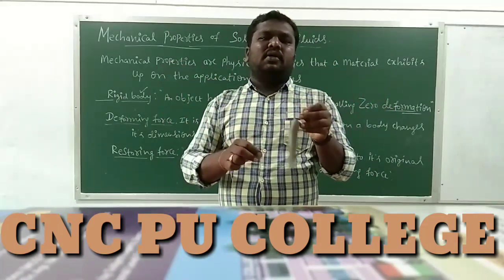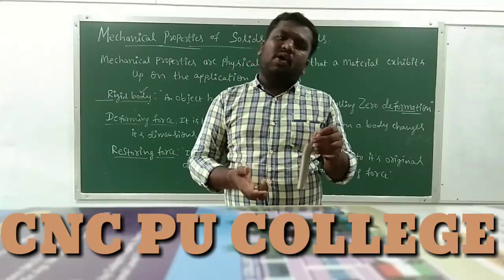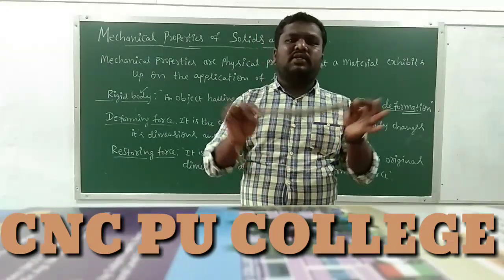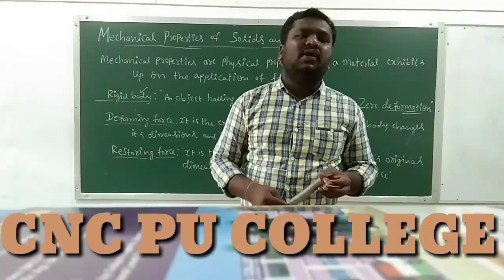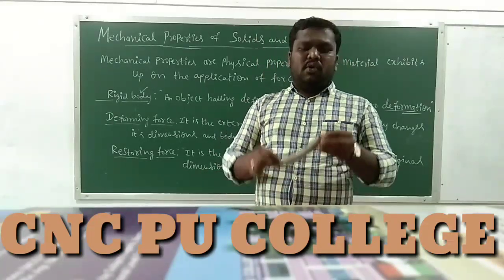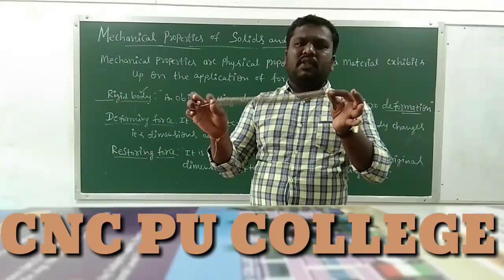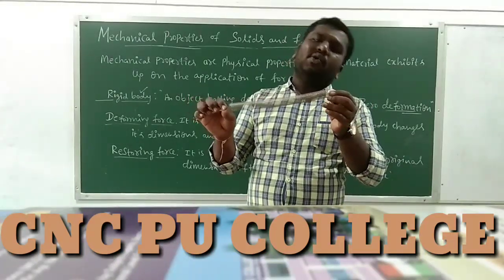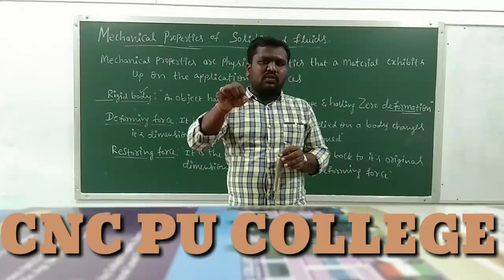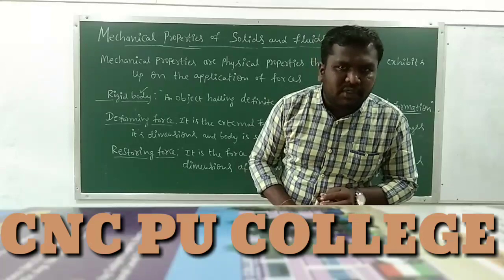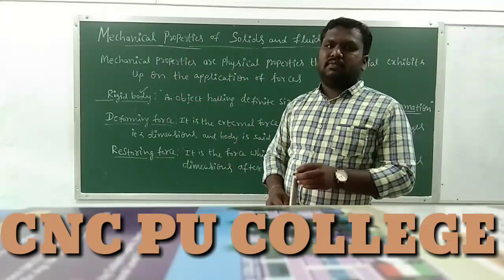That means there may be a change in size, a change in shape, or simply we can say there is a change in its dimensions. So, what is the cause of the deformation? That is nothing but the applied external force. That applied external force which brings a deformation is called deforming force.